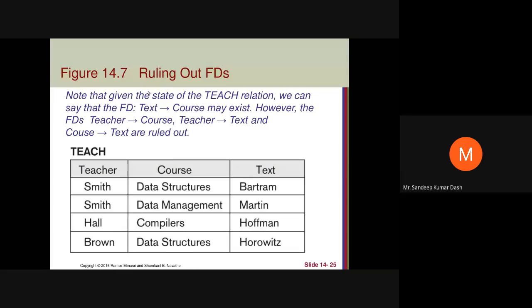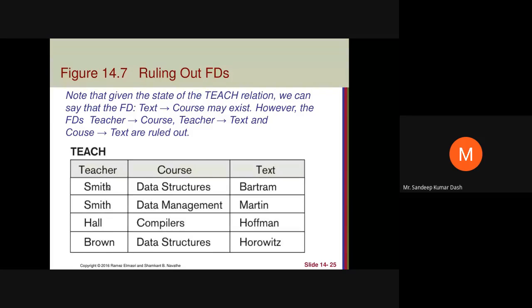No, in that case you are considering this as T1, this as T2. But at the same time, I can consider this as T1 and this as T2. Here also Smith is there. So you have to consider it for all the possible combinations. T1, T2 may be anything.